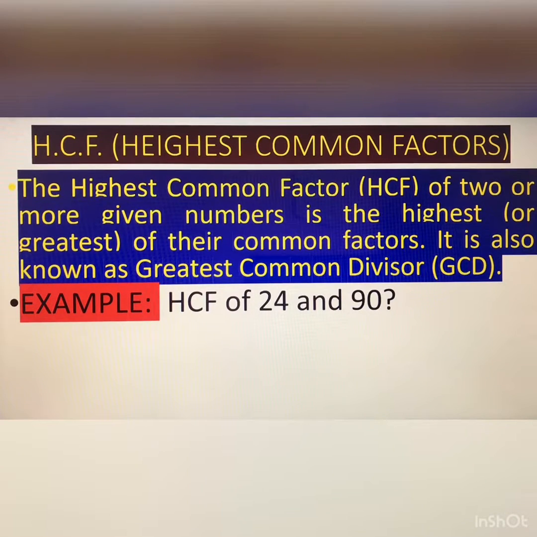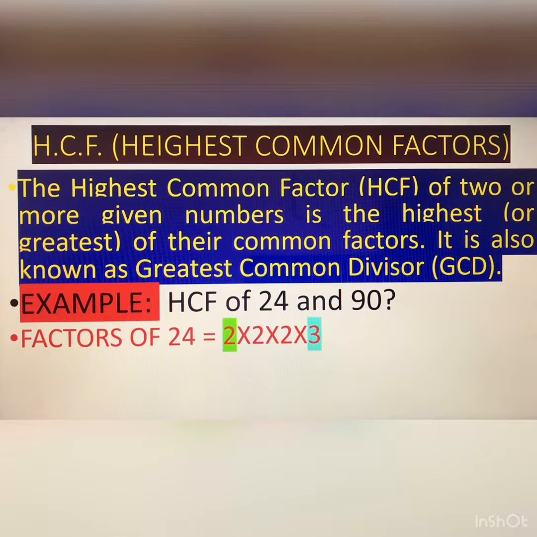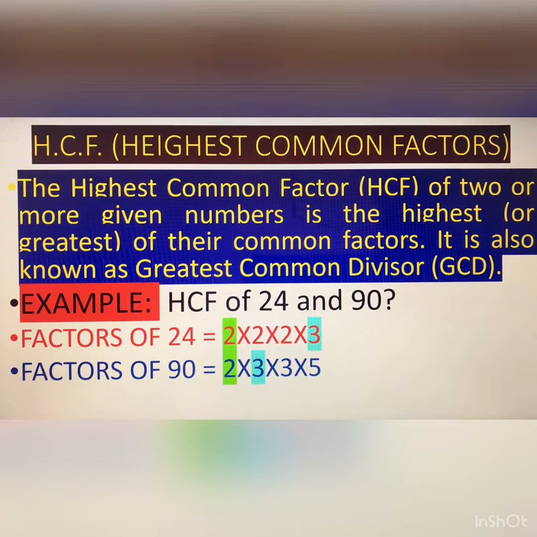Now HCF of 24 and 90. First of all you will write the factors of 24, that is 2 into 2 into 2 into 3, and the factors of 90, that is 2 into 3 into 3 into 5. So you can see here, this 2 is common in both numbers, and this 3 is common. The blue 3 is common in both, and this 2, in green color, is common in both.